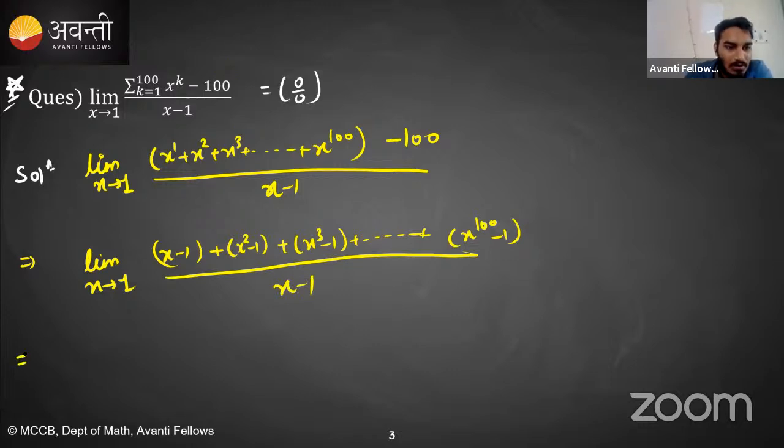Now this can be written as limit x tends to 1. Can we separate the limit? We can separate the limit, right?